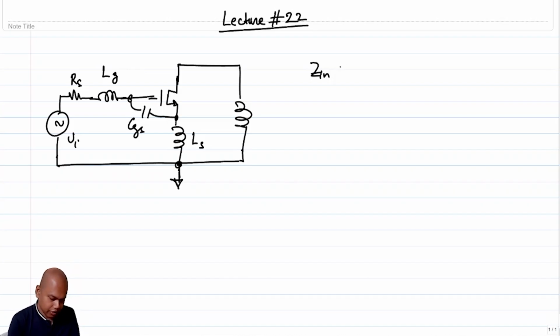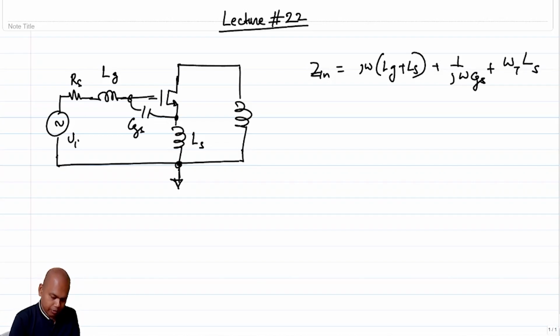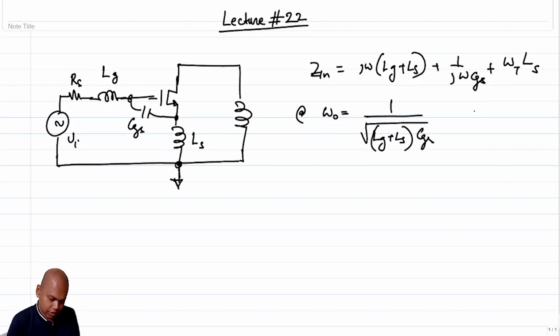So we saw that the Zin is essentially j omega (LG plus LS) plus 1 by j omega CGS, plus omega T times LS. At resonance, at omega naught equal to 1 over the square root of (LG plus LS) times CGS, my Zin becomes omega T times LS.